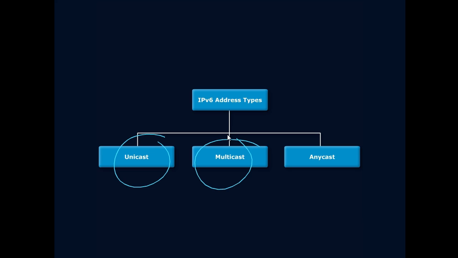So if we have a group, these addresses usually start with FF00, that's usually their global identifier. FF00 double colon, if that's what you're using, that's the multicast address. We're trying to reach something where multiple nodes have joined that group. Multiple nodes are listening to this multicast address, whatever it is.